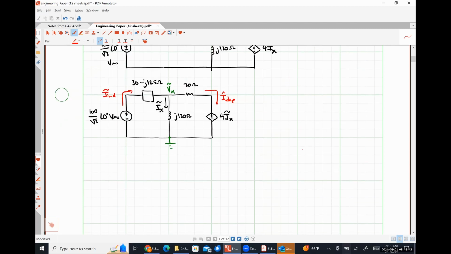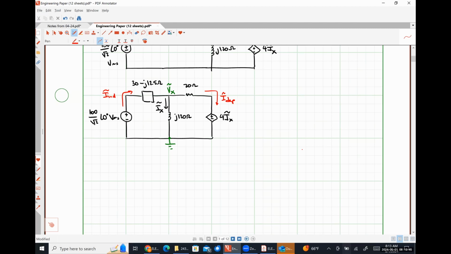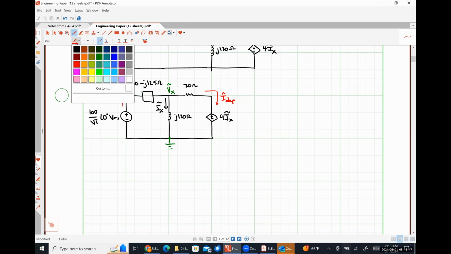So I'm just going to apply Kirchhoff's current law at this node, okay?